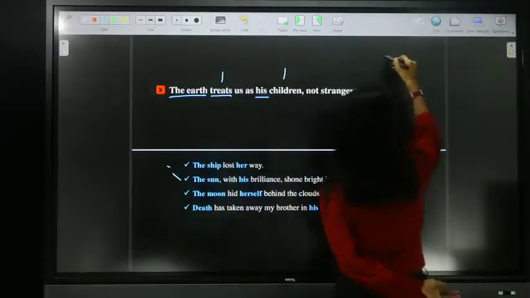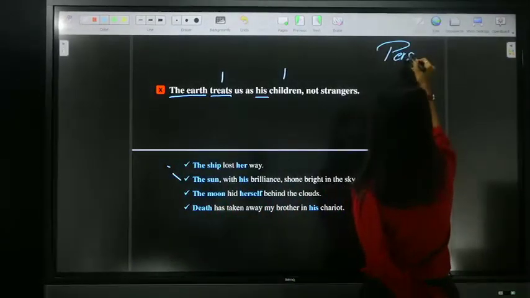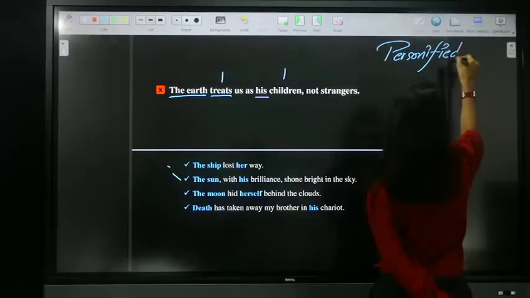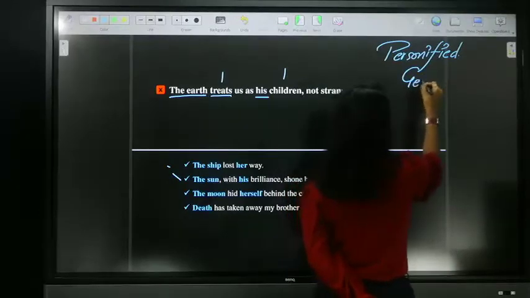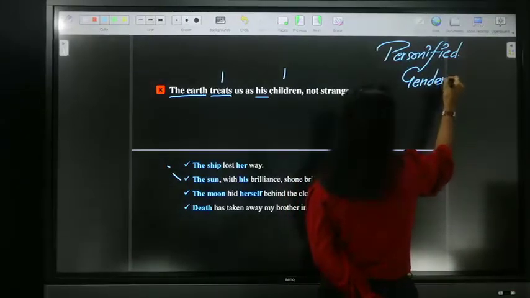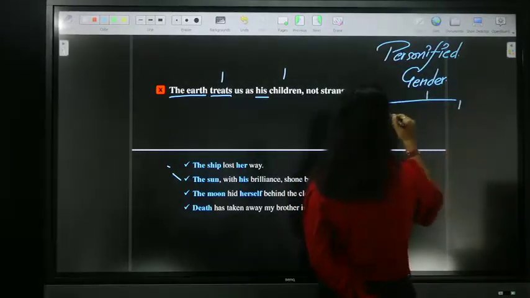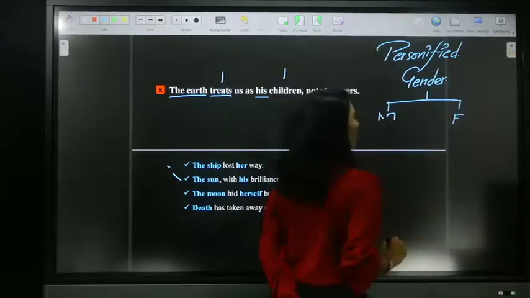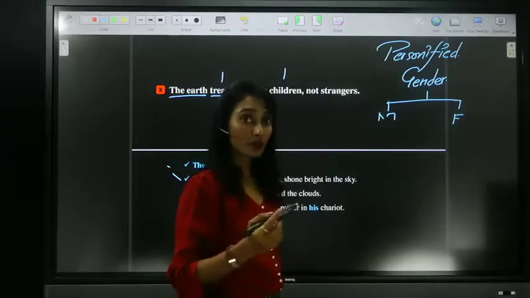When objects are personified, we have to give gender. So we can put either in masculine or feminine. But which objects come under masculine and which objects come under feminine?